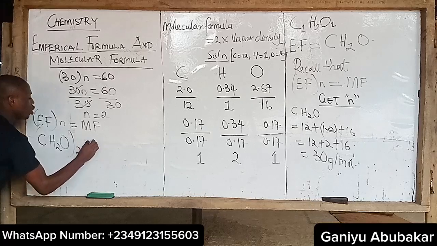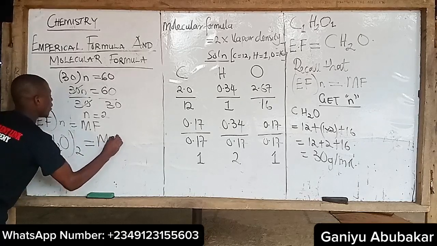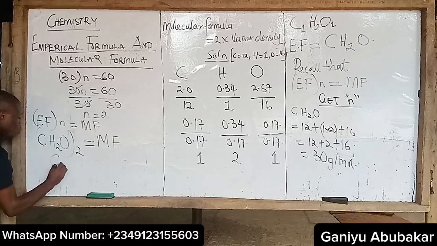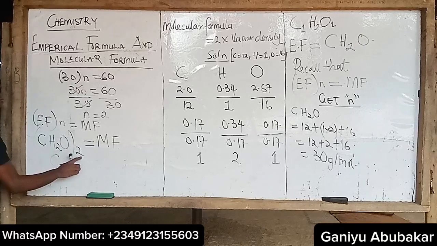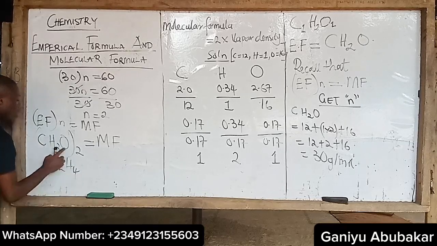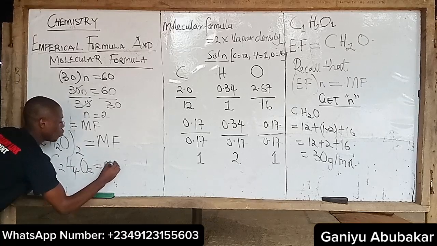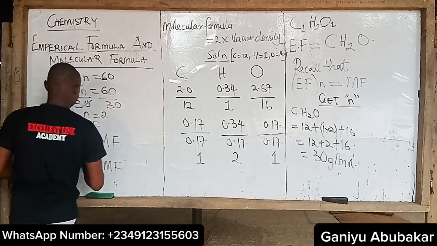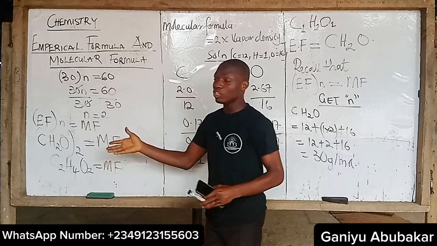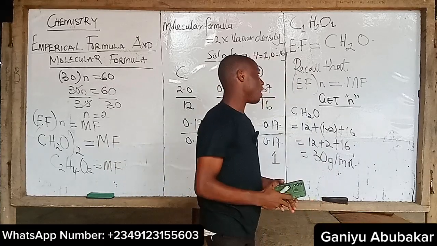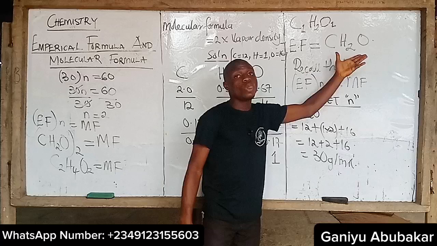From here, C times 2 is C2, H2 times 2 is H4, then O2. So the molecular formula is given as C2H4O2, while the empirical formula is given as CH2O.